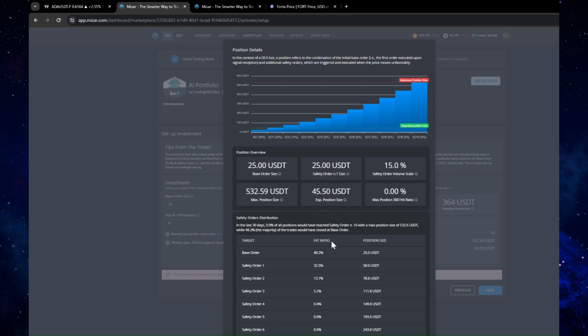Okay, so here we can see that only one position, a very small portion of my orders, reached safety order 4. And hence, this and this and this and this and this added, and it tells you that that should be your wallet size based on the statistics and based on the settings.